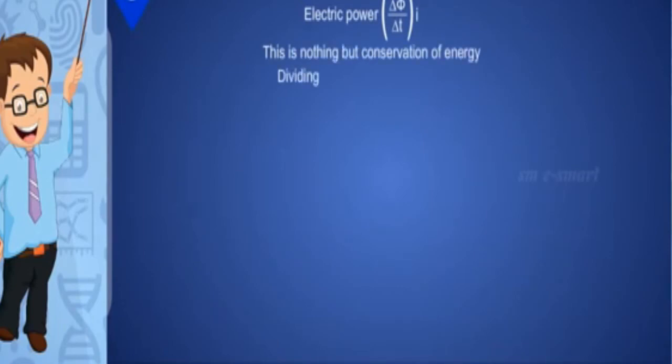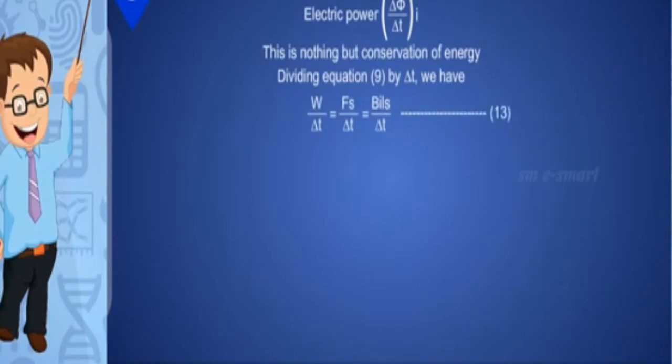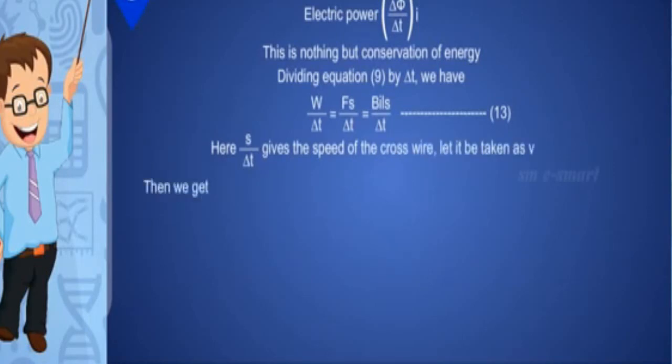Dividing equation 9 by delta t, we have W by delta t equals Fs by delta t equals BIl s by delta t. Let this be equation 13. Here, s by delta t gives the speed of the cross wire. Let it be taken as v. Then we get electric power P equals W by delta t equals Fv equals BIlv. Let this be equation 14.